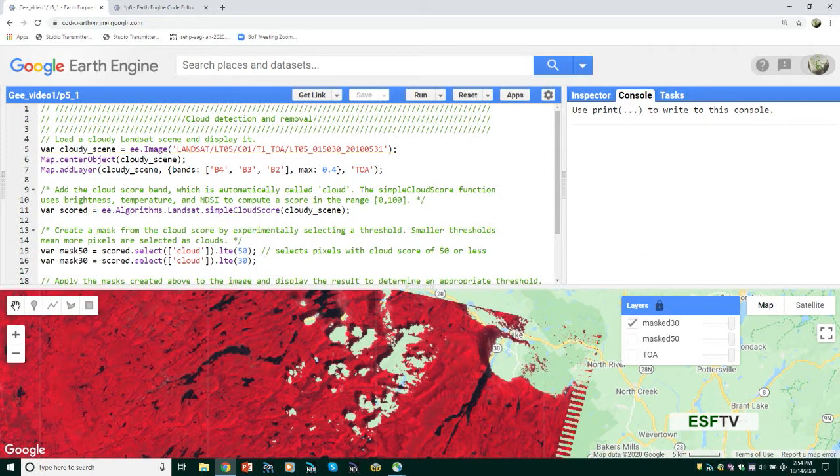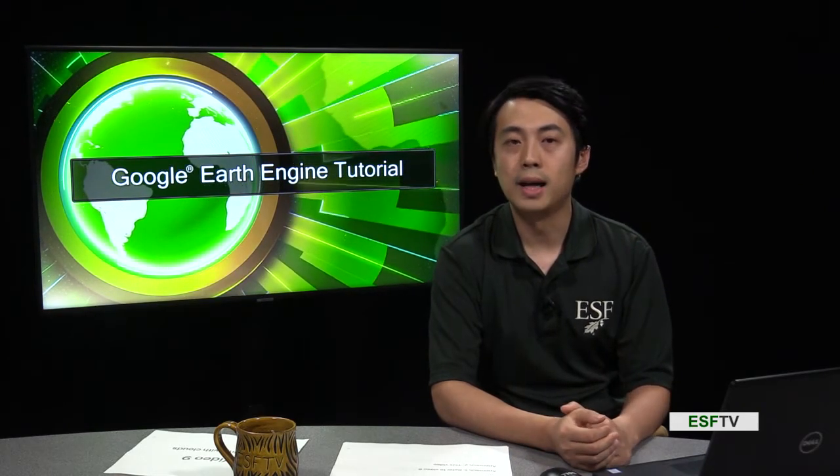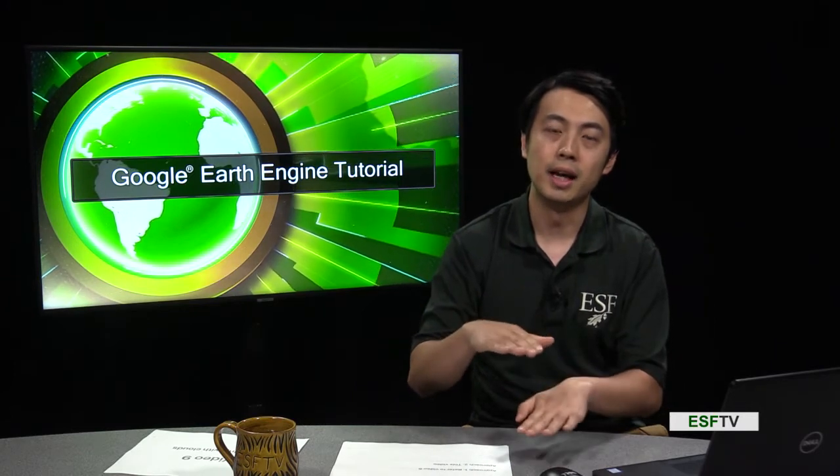And the second approach, I am just going to talk about it real quick. The second approach is basically what I showed you in video 6, where we filter the image collection and there is a cloud score attached to each image in that image collection.